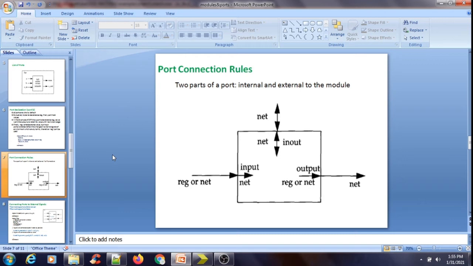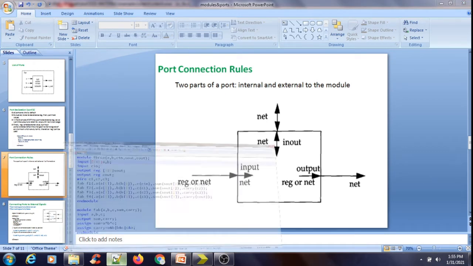Sometimes width matching also takes a highly important role. It is legal to connect internal and external items or signals of different sizes when making inter module port connections. That means width matching should play a crucial role.